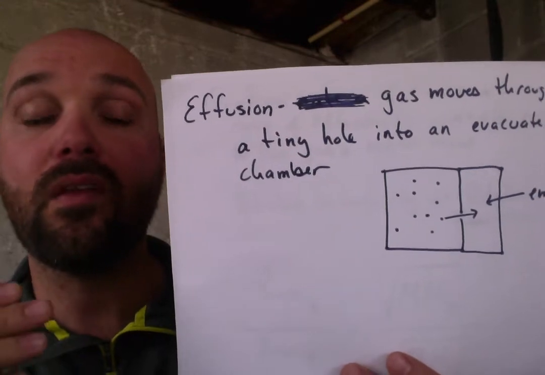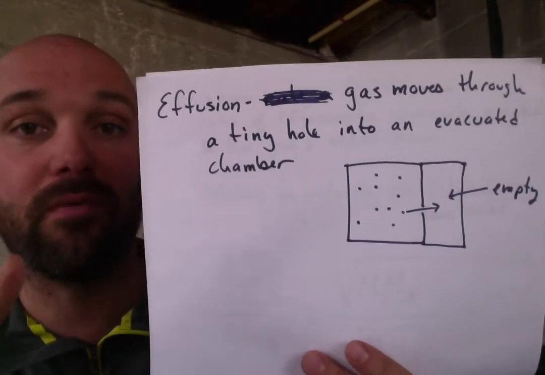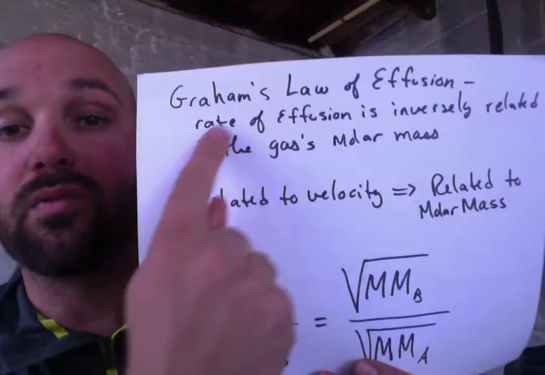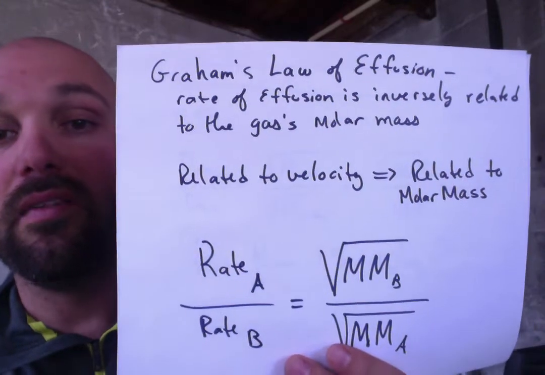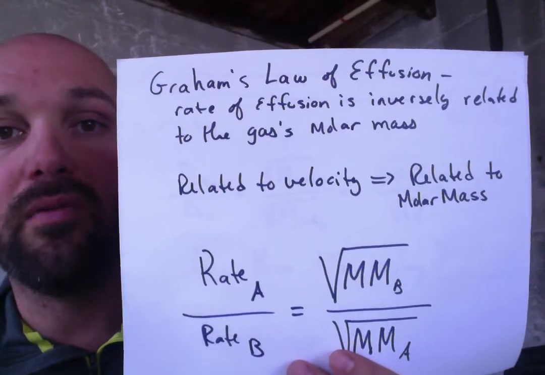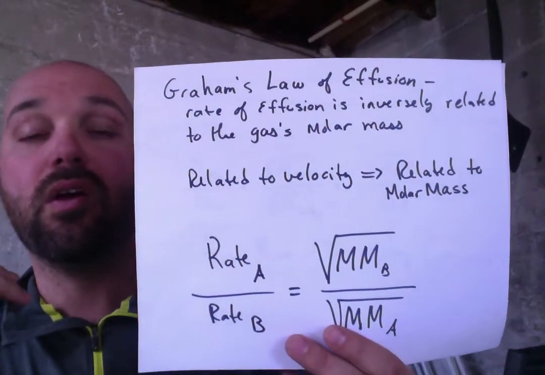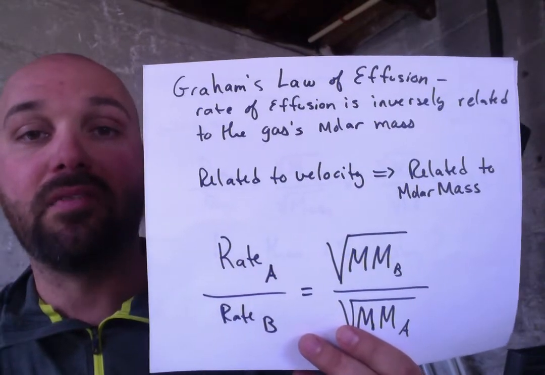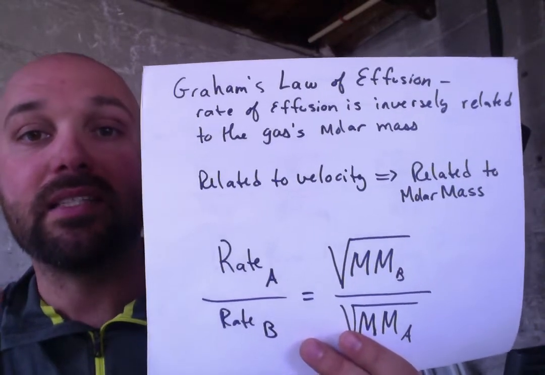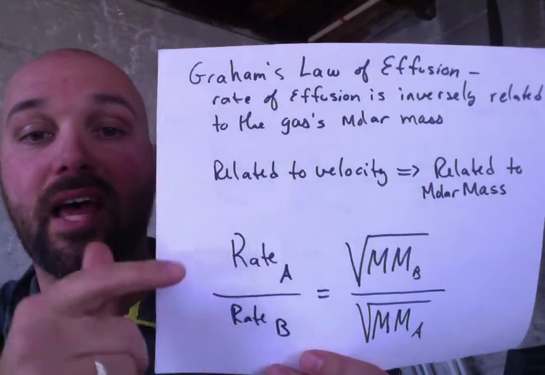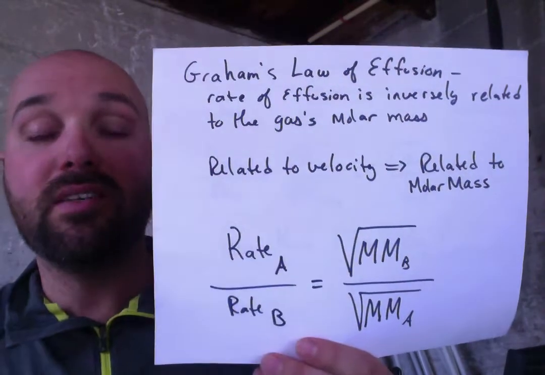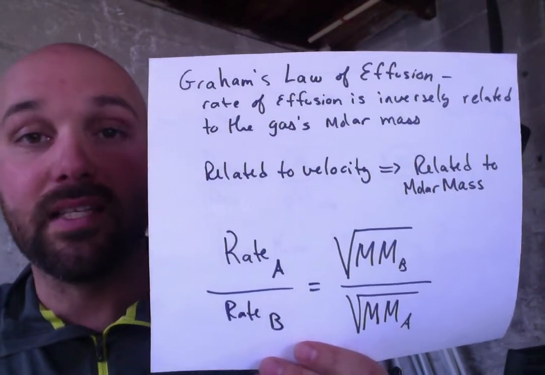Now, that's effusion, which is different from diffusion. And there's a law associated with the rate of effusion. It's Graham's law of effusion. And that says that the rate of effusion is related to the molar mass of a gas. But it's not directly, it's inversely, which gets to the idea that it's obviously going to be related to velocity.